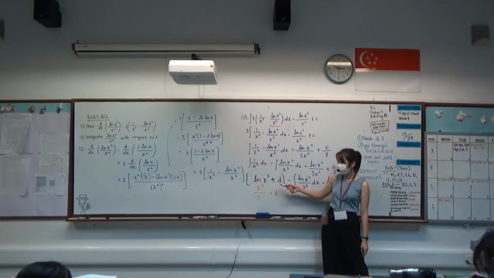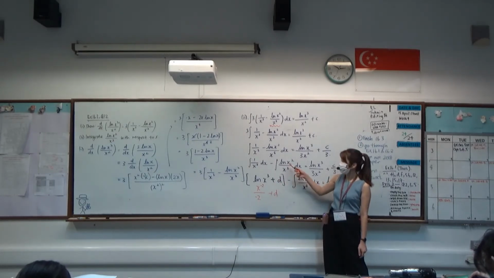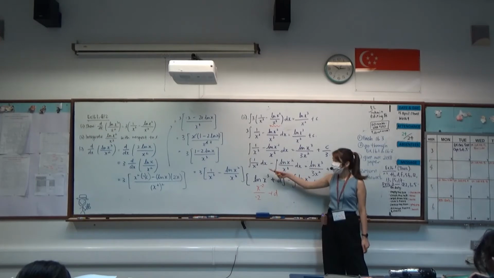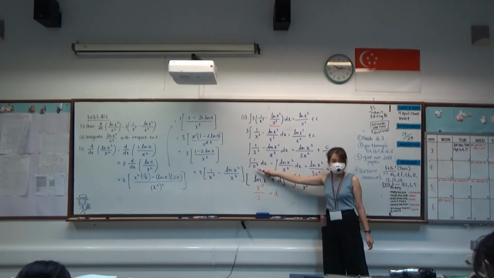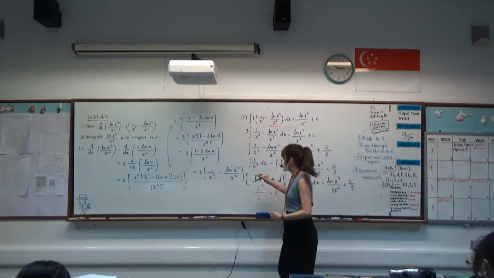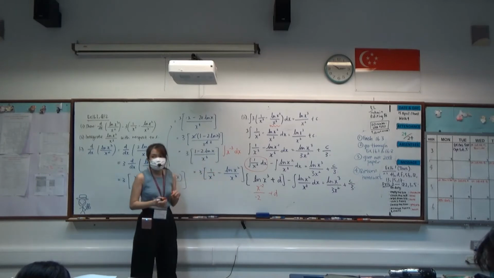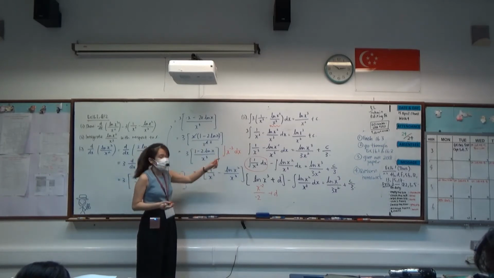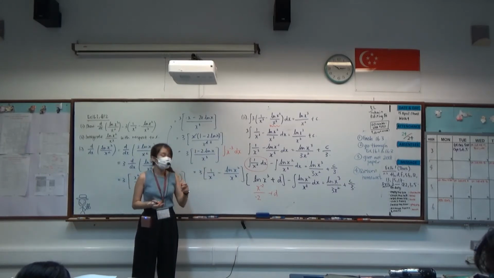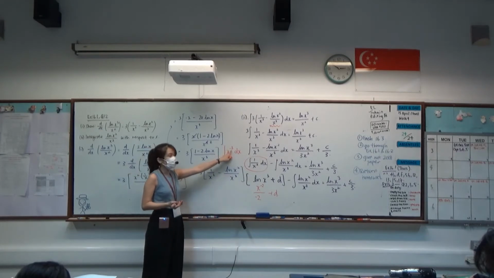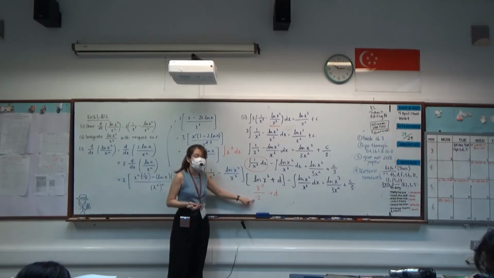Okay? So like I mentioned yesterday, be very careful when you're dealing with 1 over x and all that. Because when we have 1 over x cubed, it is actually the integration of x power negative 3 dx, right? So this one we use the power rule of integration. We add 1 to the power, divide by that new power.